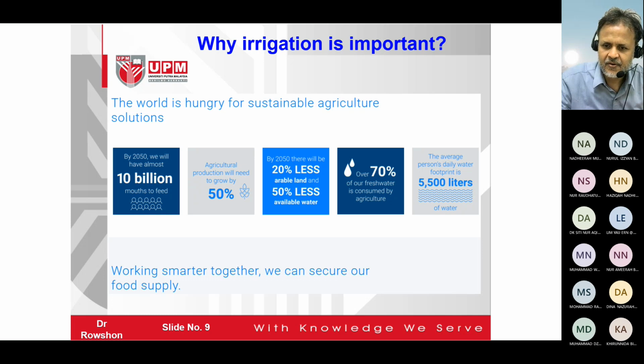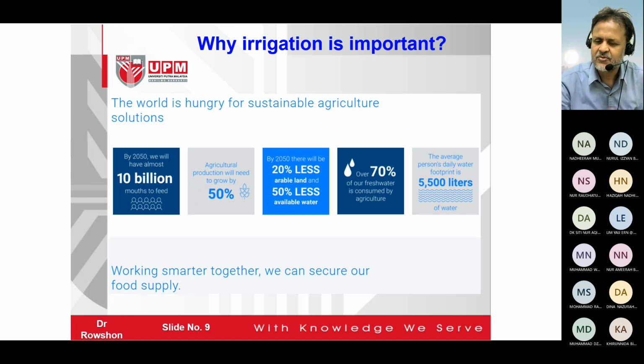Why water? Because in future, by 2050, water will not be available as it is right now. So this is the condition. If we want to achieve this goal, one of the techniques is a micro irrigation system, or maybe a pressurized irrigation system, sprinkler or micro.